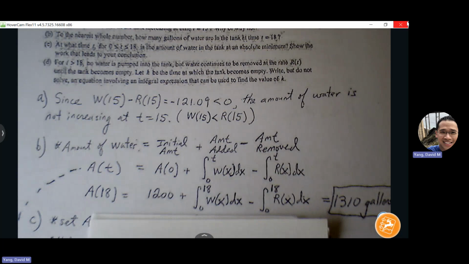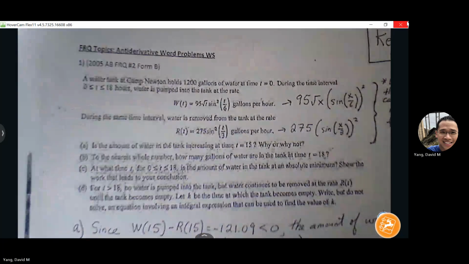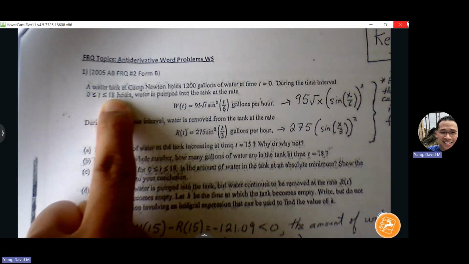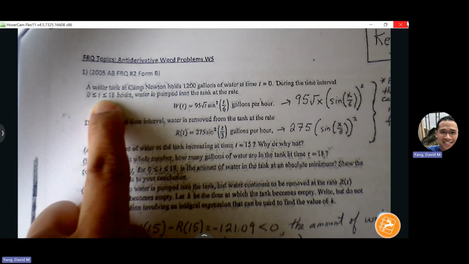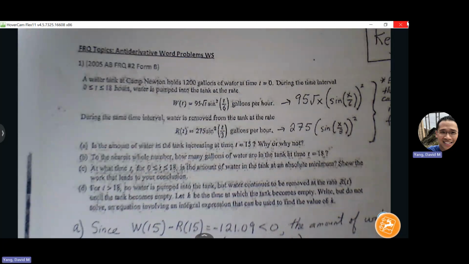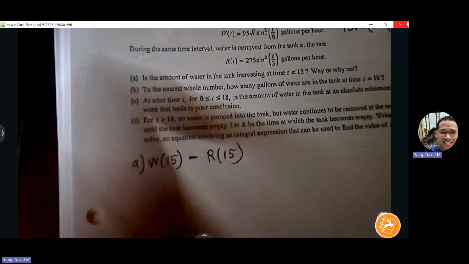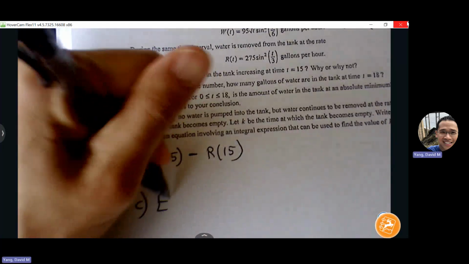So we know we're going to test 0. We got to find the amount at 0. That's easy. We already know that. We got to find the amount at 18, which you already know. And now we have to find critical points. So for part C here, we know we have to apply EVT.